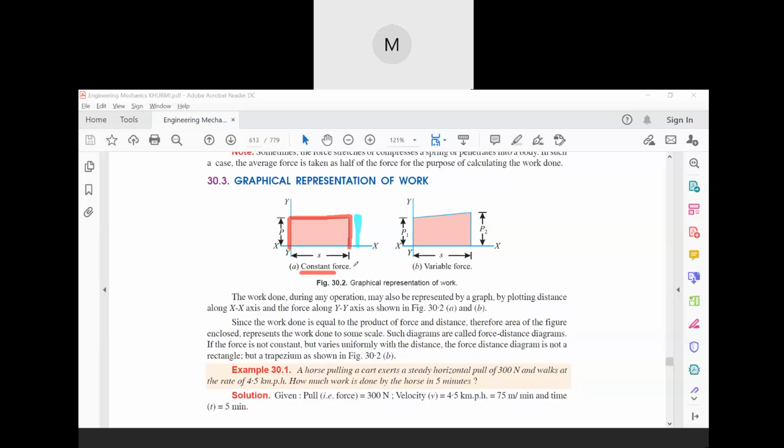That is why we are getting constant force. Now why variable force? That means initially the force is different and finally the force is different. So this is how the graphs are being plotted. That is why we are getting in the second case P1 and P2. In the first case we had P1 as the first force and P2 is applied afterwards in that manner. Okay, is it clear everyone?